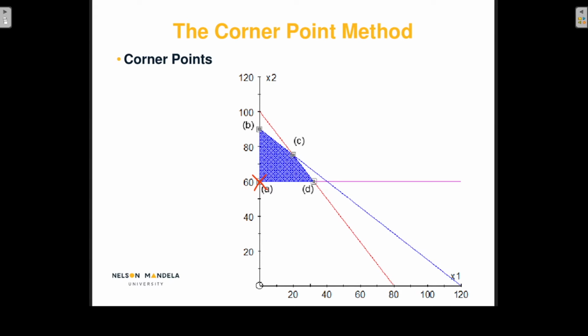So for corner point A, we know that x1 is 0 and x2 is equal to 60. So that's my first corner point.